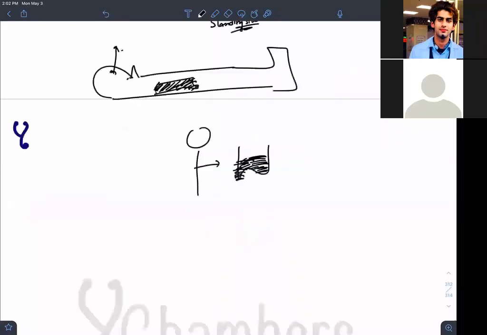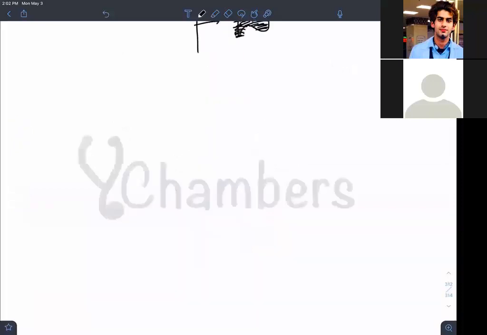So generally, who is receiving the highest blood flow? It is zone 3. Zone 3 of the lung is having the highest blood flow, perfusion.